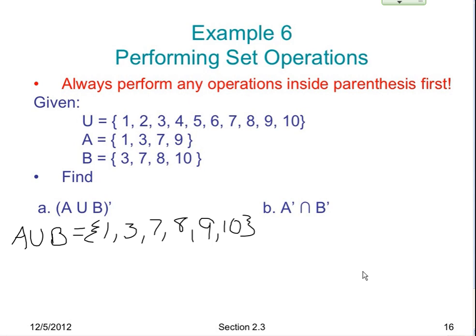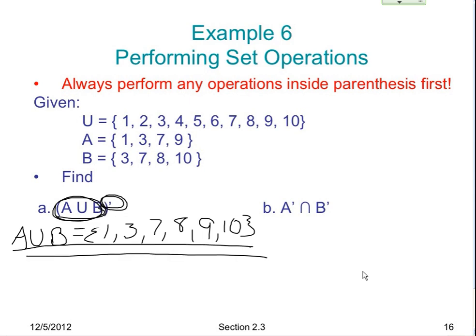Working my way out, now I want the complement of this set right here. So that's anything that is outside of this set that's still in the universal set. So 1 is in the union, 3 is in the union, so it's not going to be in the complement, 7 is in the union, 8 is in the union, 9 and 10 are in the union of A and B. So we want anything that would be outside of the union.